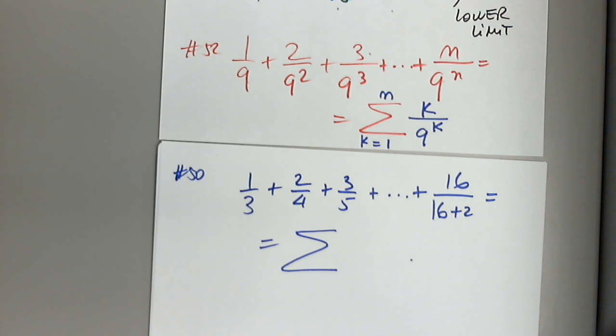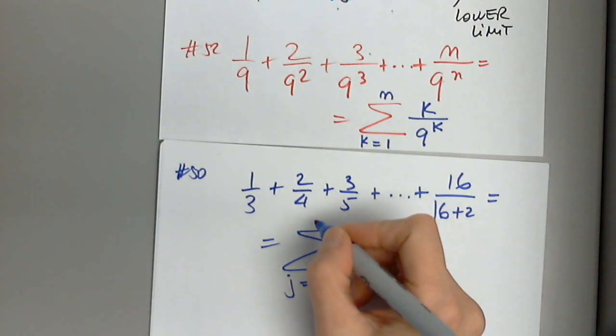Ready? Where do we start? Whichever index you want. We used i, we used k, let's use j this time. So j goes from 1, 2, 3, to 16. From j equals 1 through?